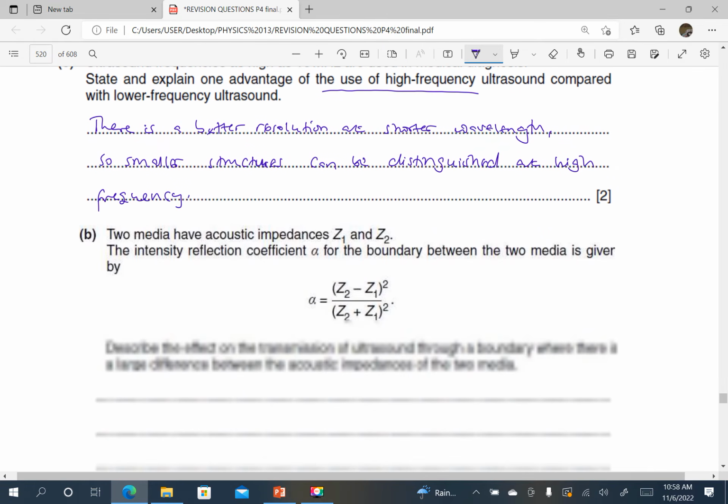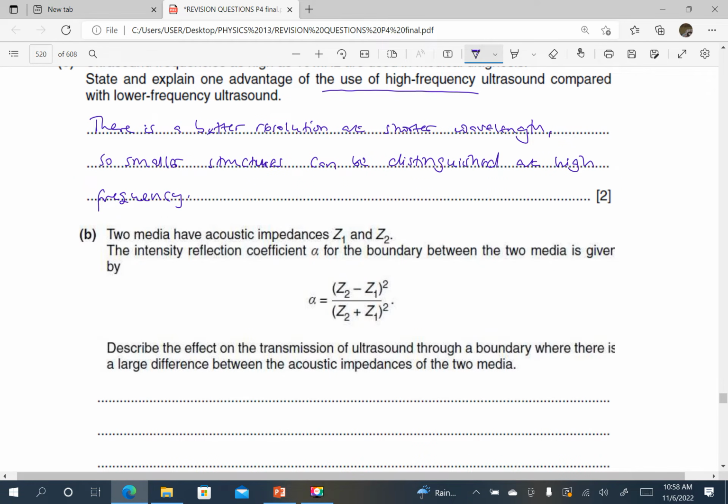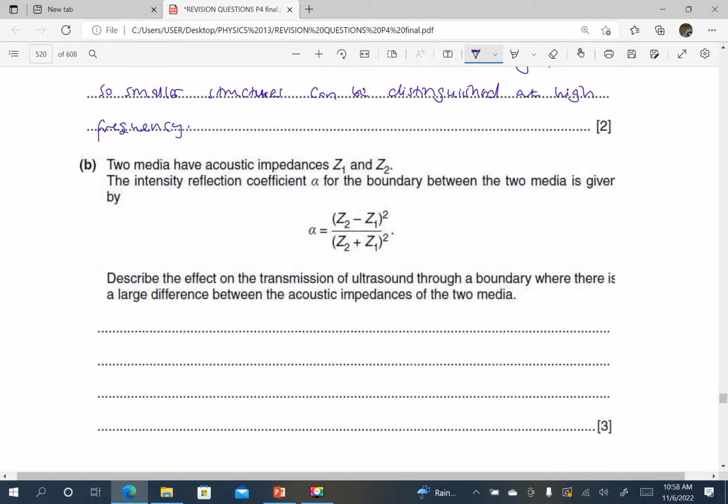Okay. Two media have acoustic impedances Z1 and Z2. The intensity reflection coefficient alpha for the boundary between the two media is given by that expression.